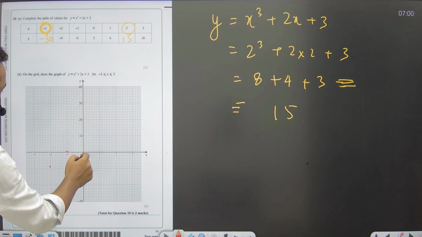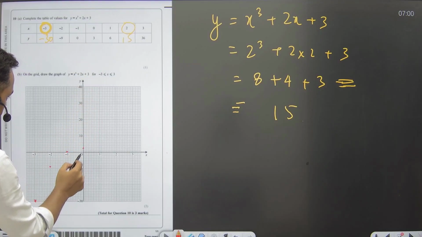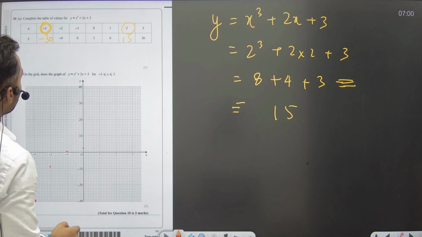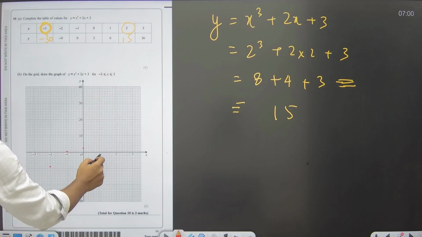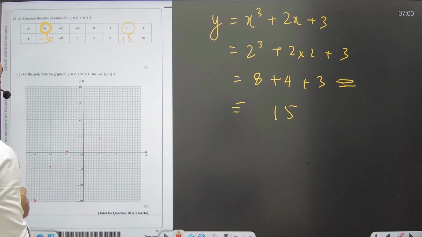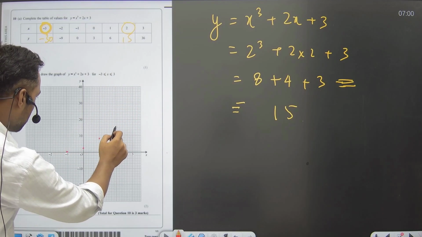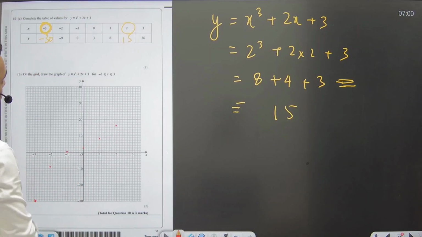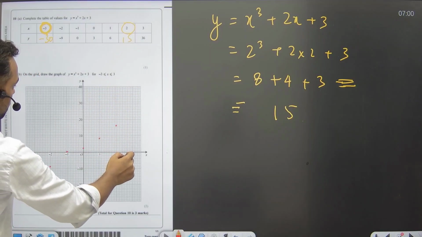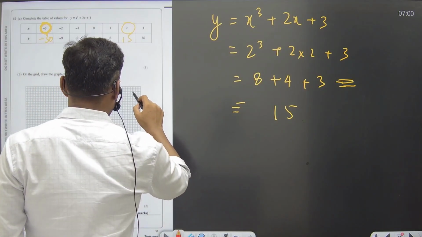Then 0 and 3, so you need to count 3 here. 1 and 6 means x coordinate is 1 and y coordinate is 6, somewhere near here. 2 and 15, 2 is the x coordinate and 15 is the y coordinate, so it will be here. 3 and 36, 3 here, and 36 will be approximately here.